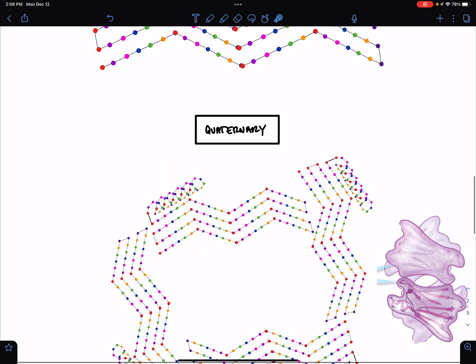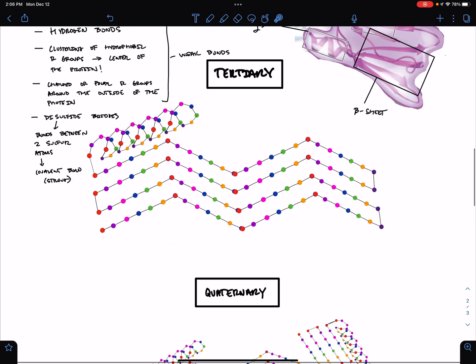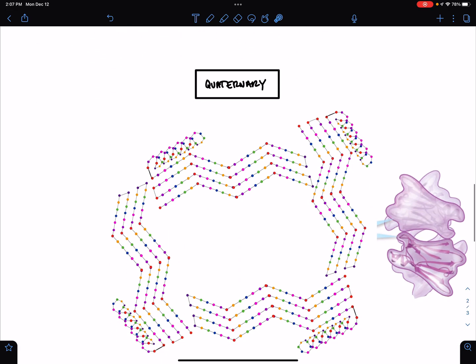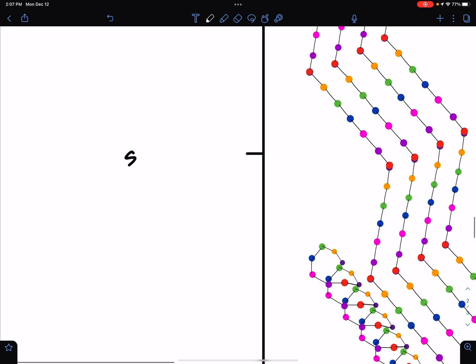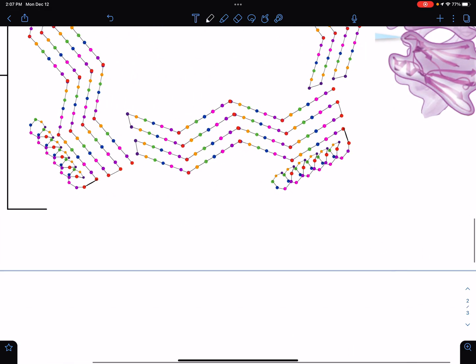What differentiates quaternary structure from tertiary structure is that quaternary structure is composed of multiple subunits. So here is one subunit. And here is another subunit.